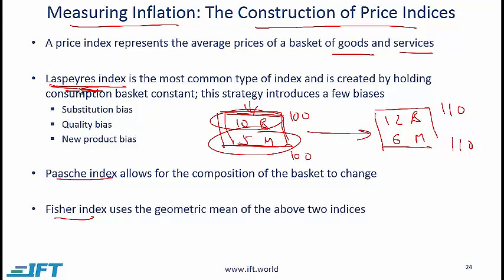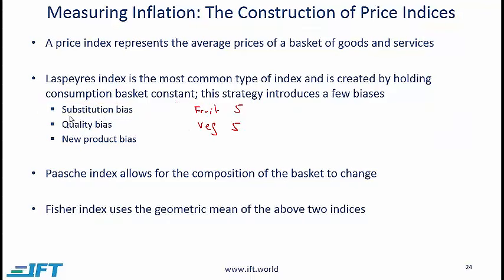Recognize that with this strategy where we hold the consumption basket constant, a few biases can creep in: a substitution bias, quality bias, and new product bias. To understand the substitution bias, let's look at a simple example. Say we have a basket of goods which is defined such that we have 5 units of fruit and 5 units of vegetables.